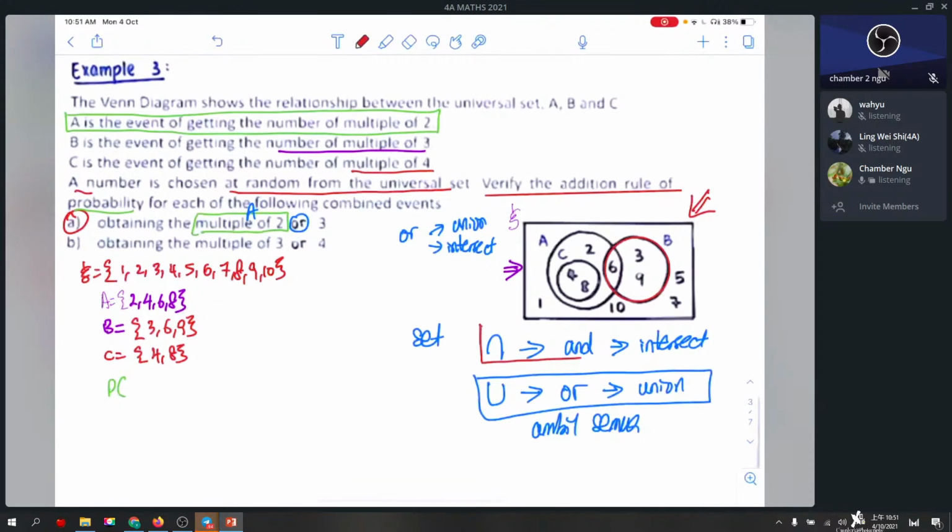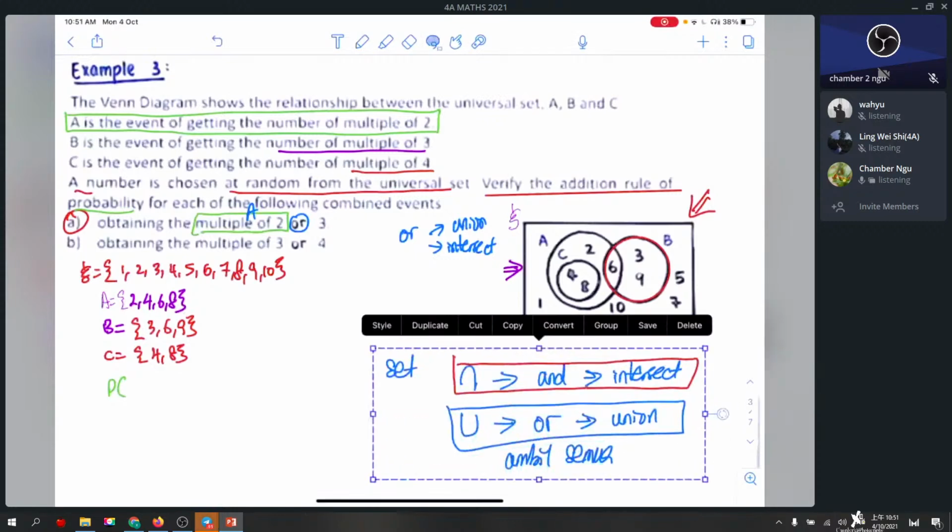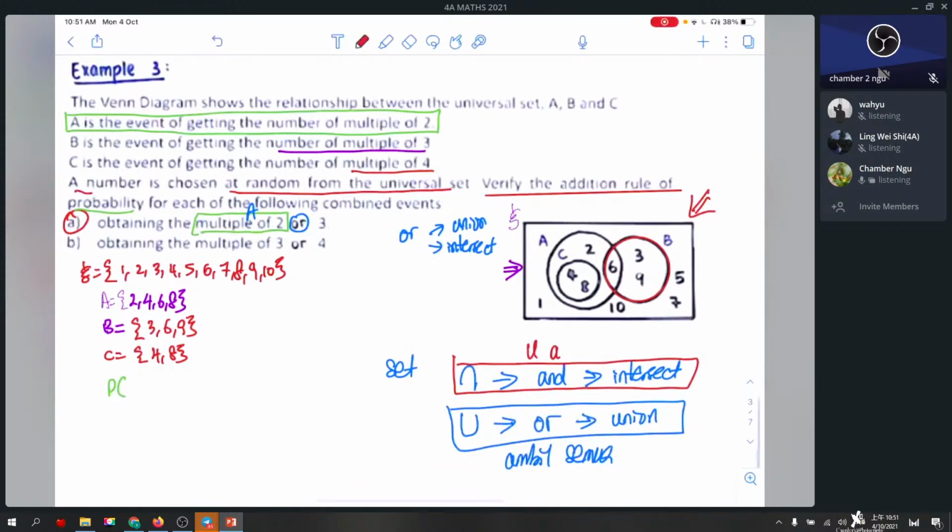If N, that means you ada, I ada. Kau ada, saya ada, baru boleh dipilih. Kalau union, tak kisah, ambil saja semua orang. Tak kisah ada ke tidak, asalkan kena, ambil saja. Okay, boleh faham? Kalau boleh, reply me 5. If not, reply me 6.